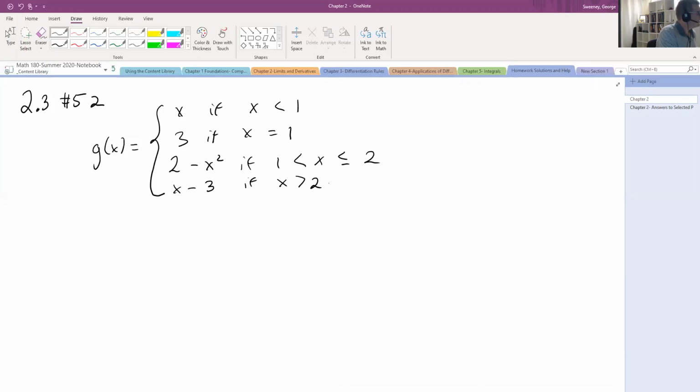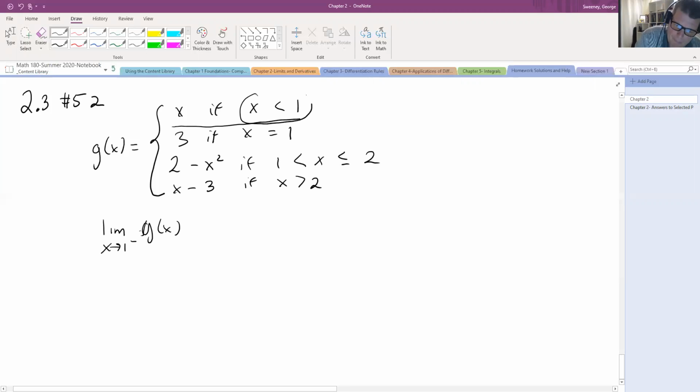All right, the limit as x approaches 1 from the negative side. So the limit, first, as x approaches 1 from the negative side of g of x. If we look at that, this is the one we're going to look at, because that's x less than 1.